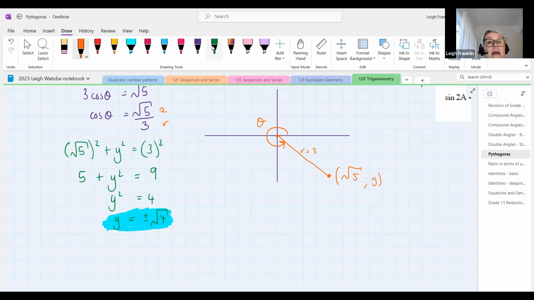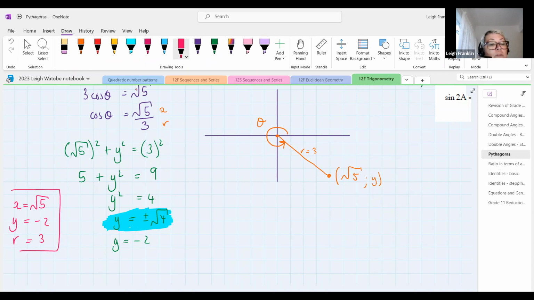So y has to be equal to -2. Okay, very good. Well done, everyone. So in pink on the side, we've got x is positive root 5, y is -2 because we're in quadrant number 4, and r is equal to 3 in this case.